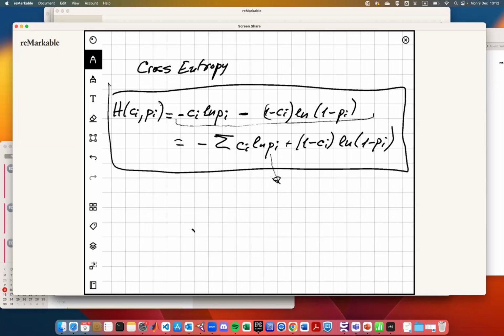And for all classes then, for C and P, it's a sum of the individual mismatches. So this is the cross entropy. That's what we finished with last time.